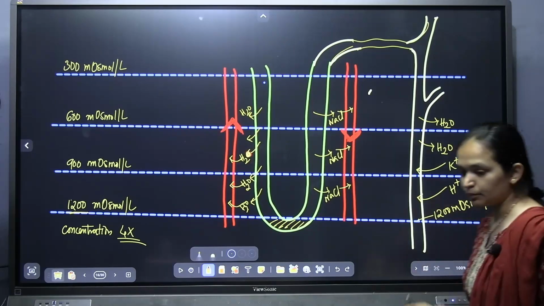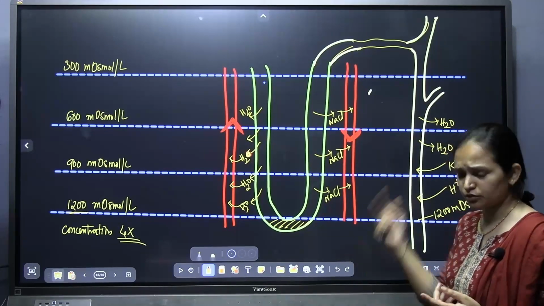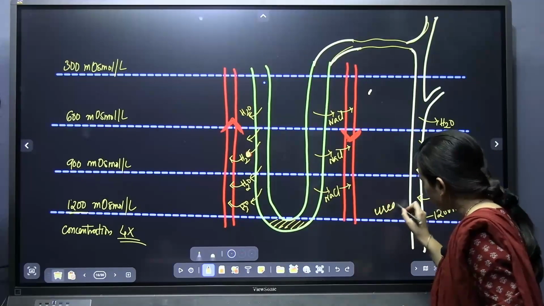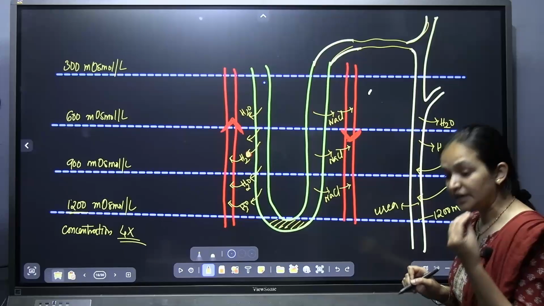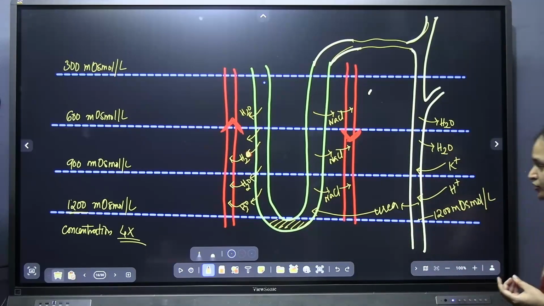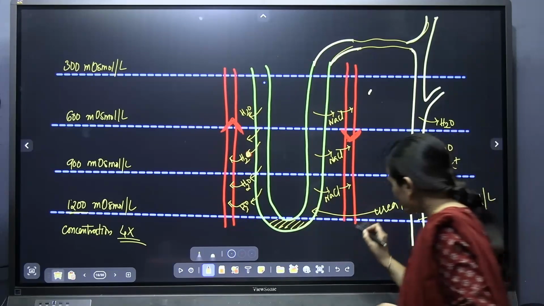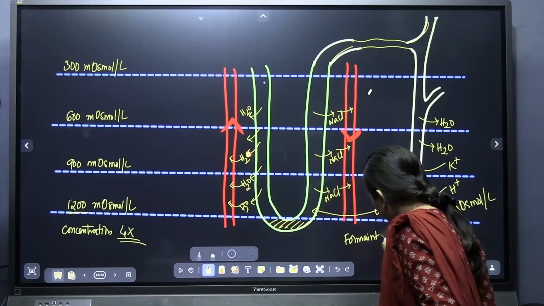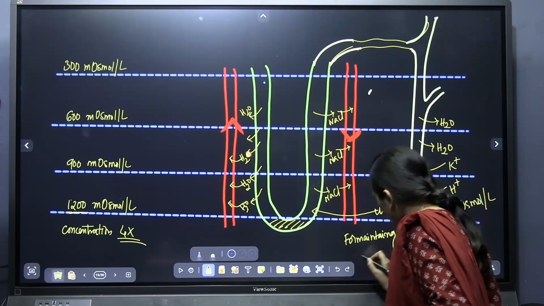Understanding? When I was teaching you the function of tubules, I said the urea, if needed, is taken back to the ascending loop of Henle for maintaining osmoregulation.